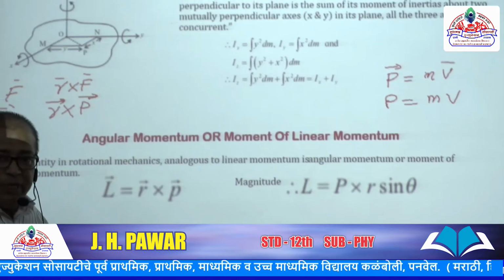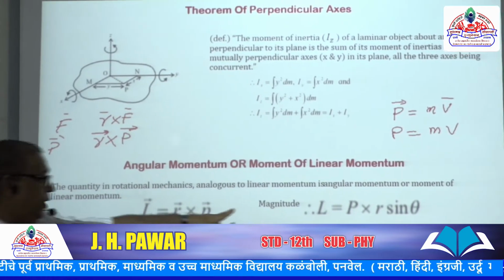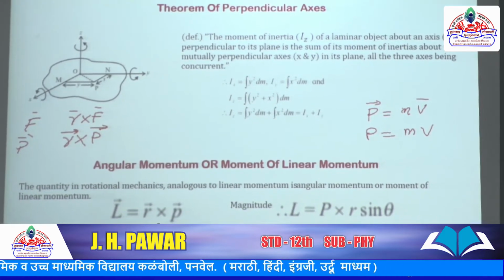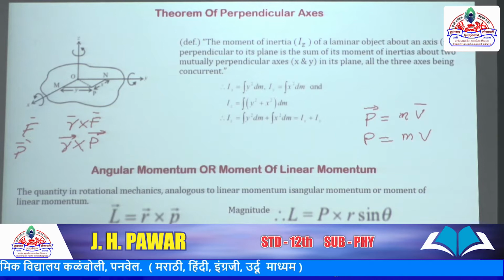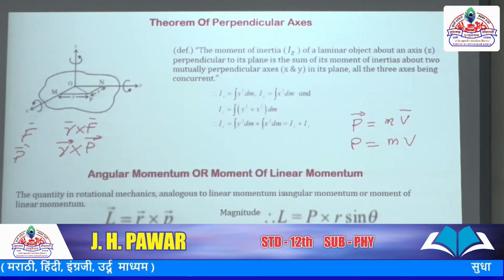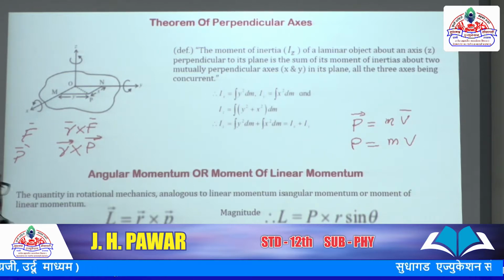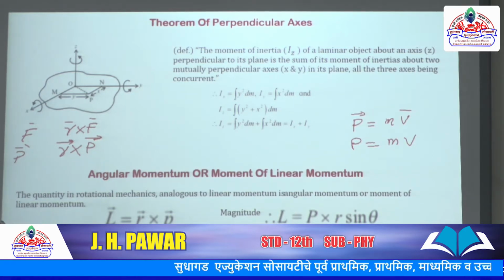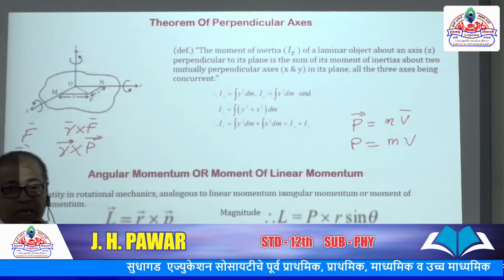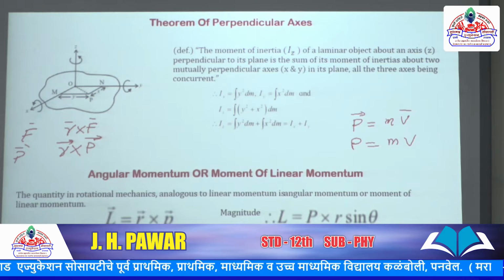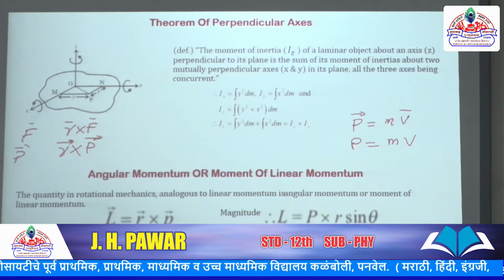What is the magnitude of this quantity then? Here we take vector r and vector p. When a particle performs circular motion, notably, vector r and vector p are perpendicular to each other. How? Vector p depends upon the velocity, the tangential velocity to the circle, and as velocity and r are perpendicular, p and r are perpendicular to each other.